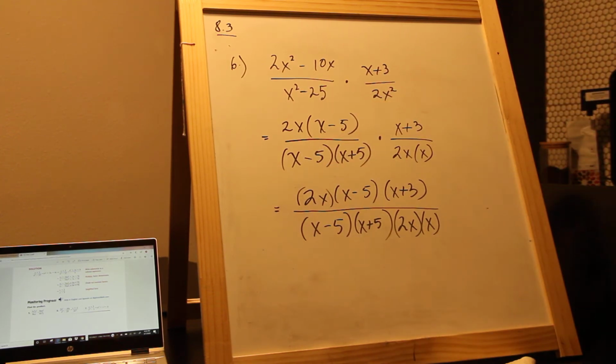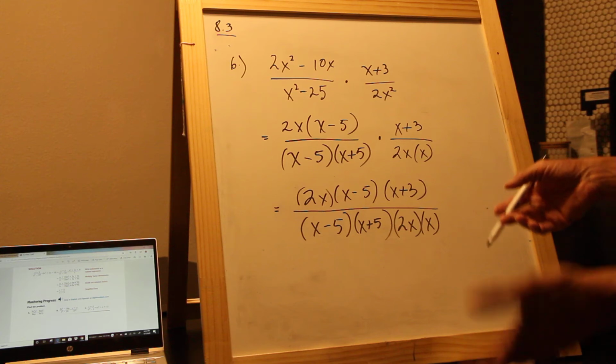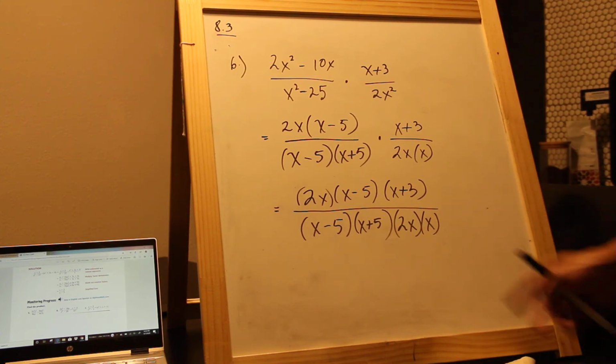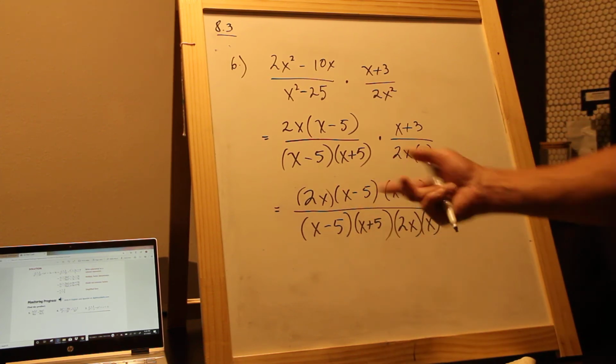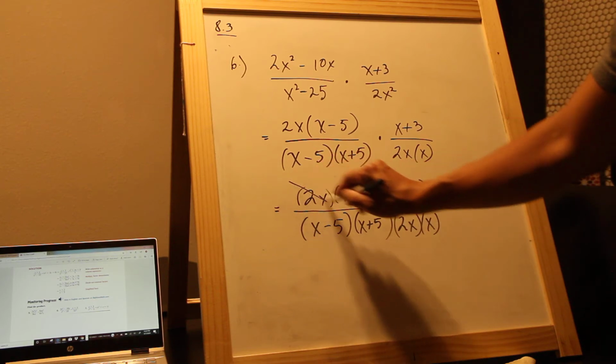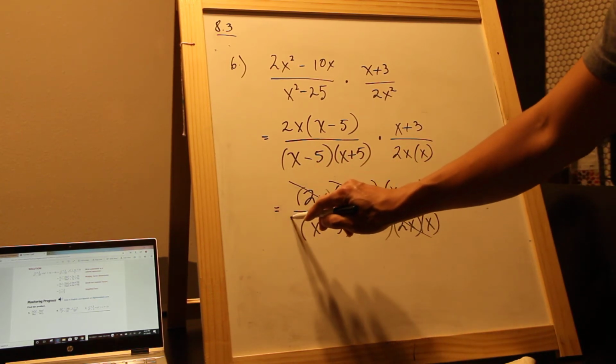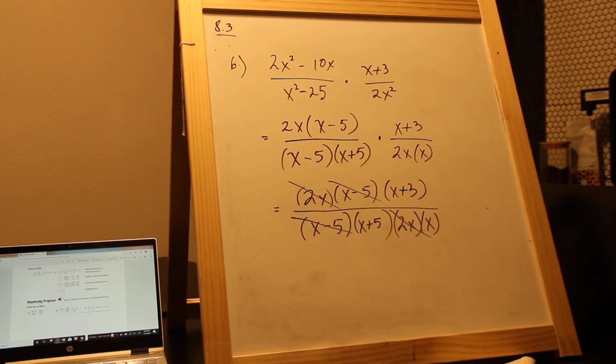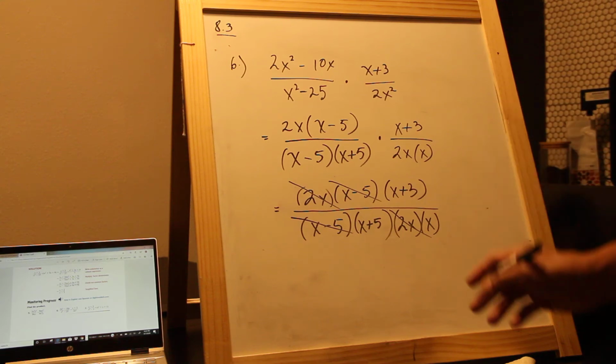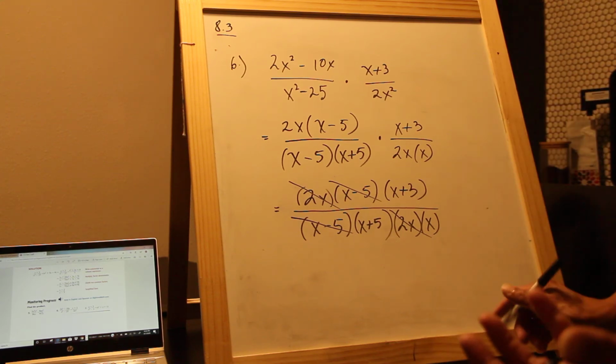So guess what? I can go ahead and start canceling terms out if I see them. Remember, everything's being multiplied. That's why I put things around parentheses. So 2x can cancel out with 2x. X minus 5 can divide by x minus 5. And from there, I'll let you go ahead and figure out what your remaining terms will be. And that will be your answer.